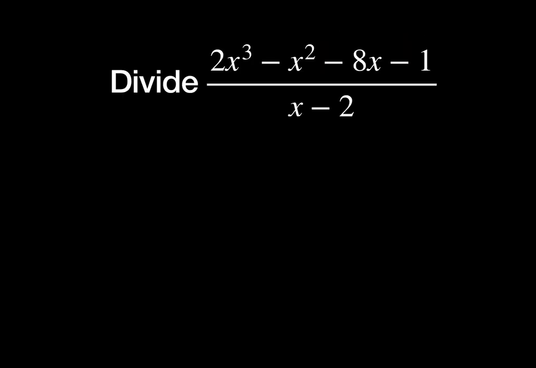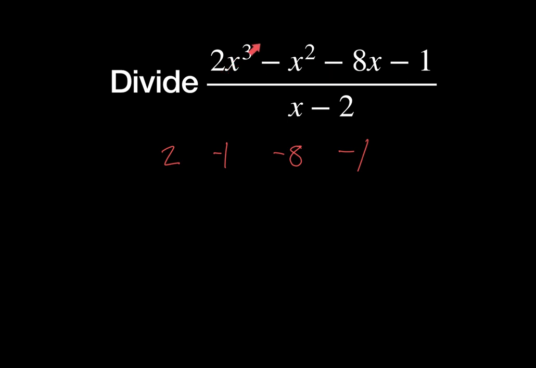We're going to divide using synthetic division. Synthetic division starts with writing the coefficients 2, -1, -8, -1, and I better make sure I'm not missing anything. What I mean by that is, is there a coefficient for every x going down?